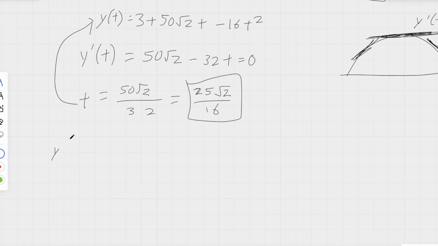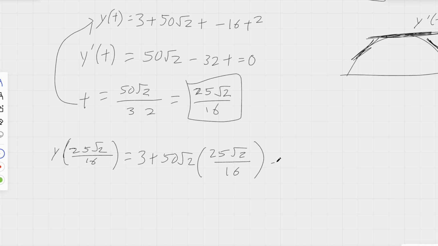We do y of 25 root 2 over 16 equals 3 plus 50 root 2 times 25 root 2 over 16, minus 16 times 25 root 2 over 16, squared.